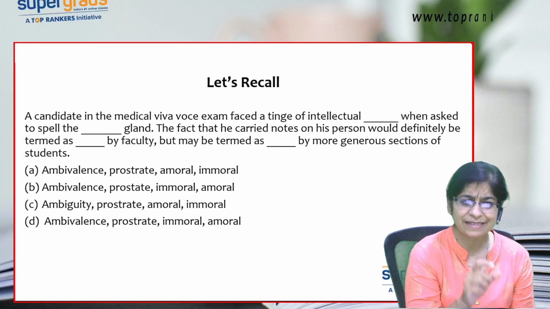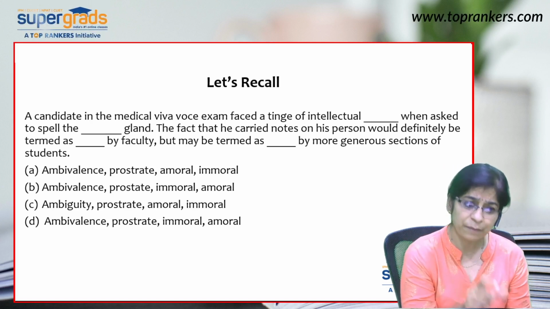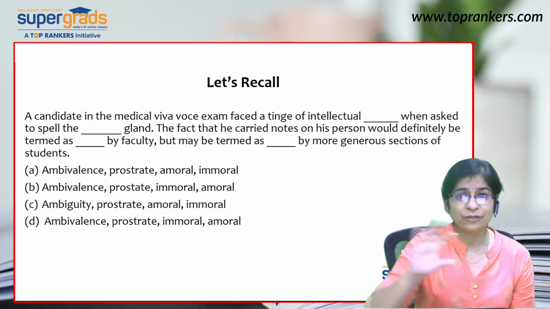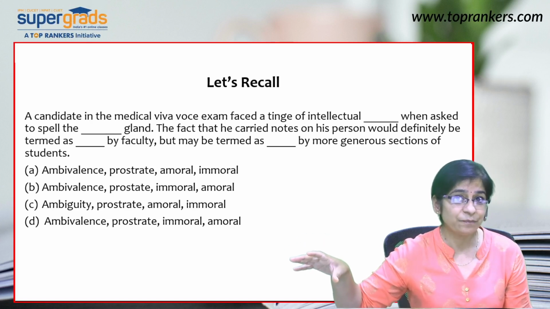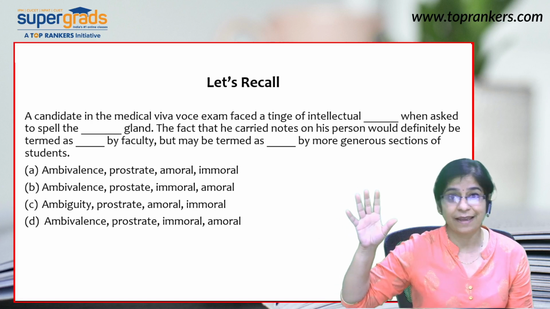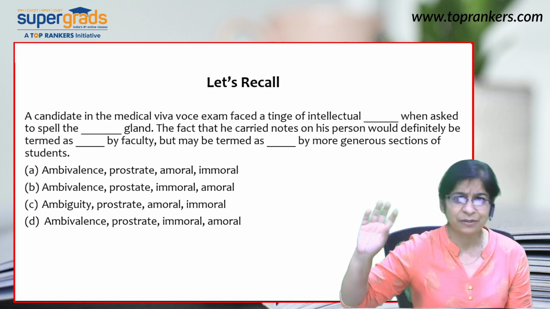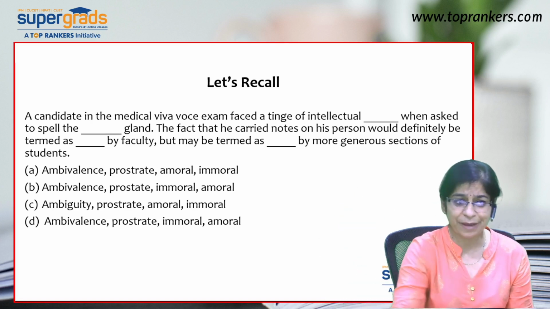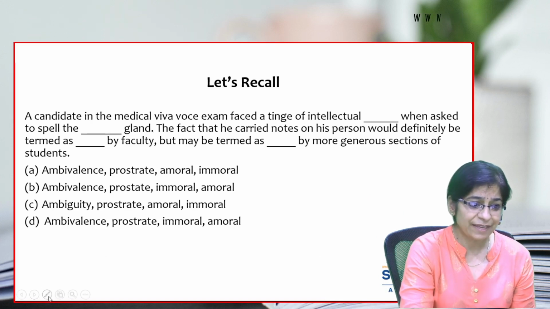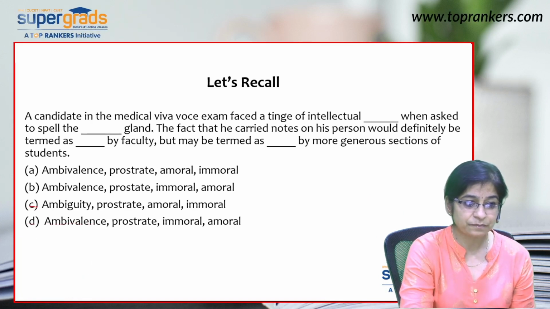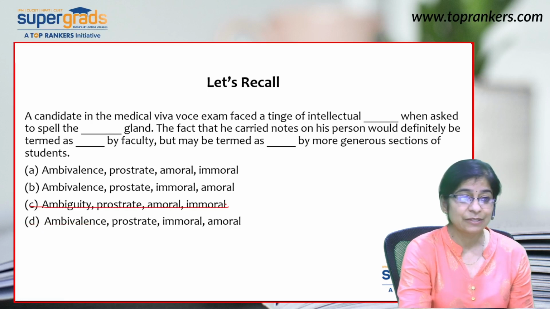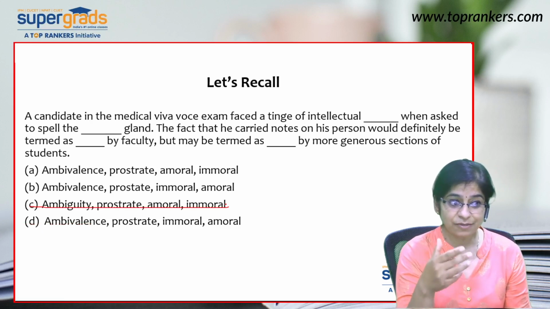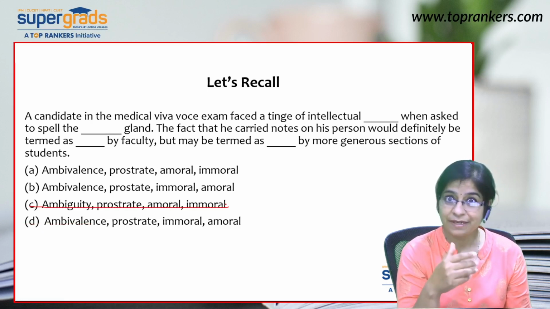Well, did he face ambivalence, ambiguity, or ambivalence? Well, do you think he faced some unclarity, or he had, say, a mixture of emotions: cheat, not cheat, cheat, don't cheat? So I believe we can very safely eliminate option C. So the answer has to come either from A, B, or D option.